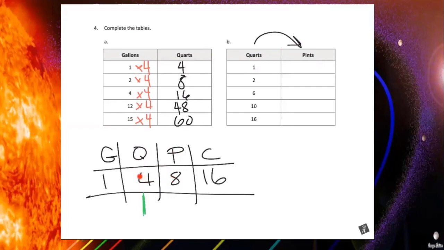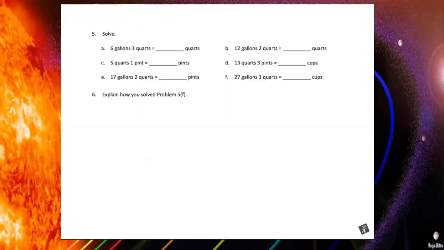Well, you could see from 4 to 8 is doubled. So that means if we only had 1 quart, we would have 2 pints because it's twice as much. So 1 quart is how many pints? It's 2 pints. So we could see our conversion factor is times by 2, and that is how we're going to fill in the rest of that table.